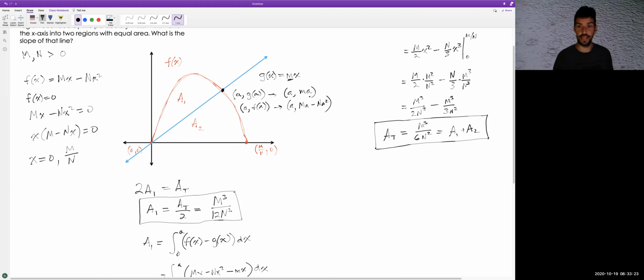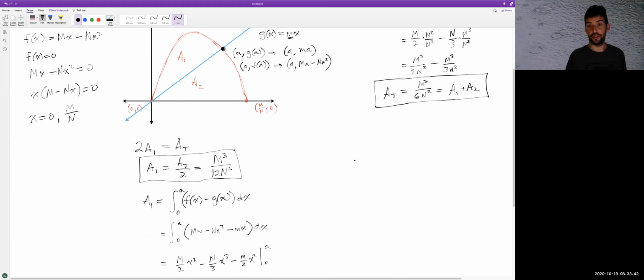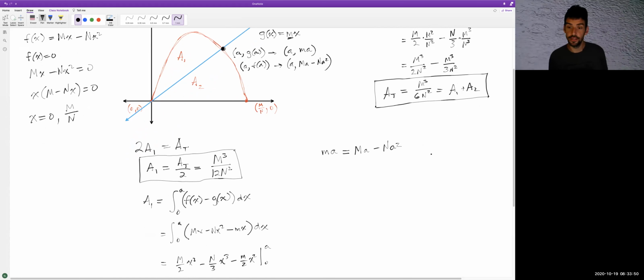Notice what I'm saying here: this point, which is on both curves, has an x coordinate of a, which means its y coordinate according to g of x has to be little m a, and its y coordinate according to f of x has to be big M a minus n a squared, which means those two things have to be equal. In other words, it must be the case that little m a equals big M a minus n a squared. Okay?